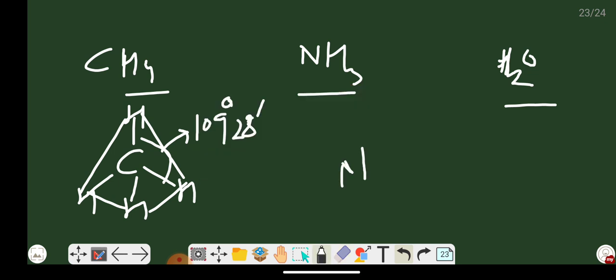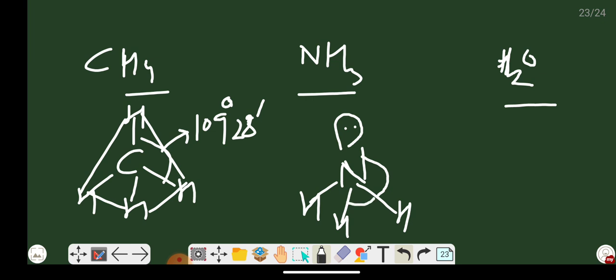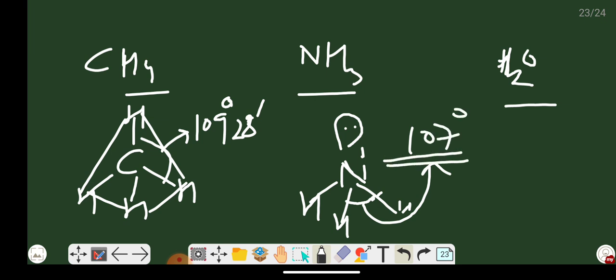Here N, here one lone pair, here bond pairs. So this is NH3, and in NH3 the angle between the bond pairs, not this angle, is approximately 107 degrees.